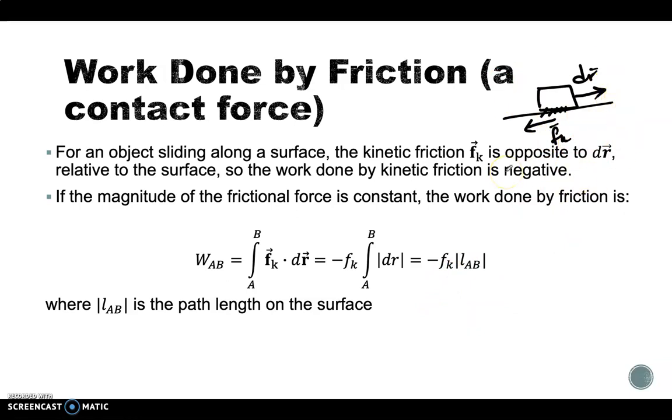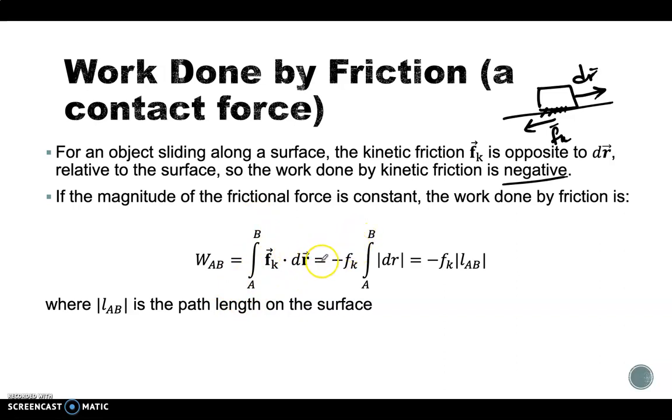So basically, this means that work done by kinetic friction will be negative. If the magnitude of a frictional force is constant, the work done by the friction is as follows. Our work done from A to B is equal to the integral of our force dotted into our displacement.